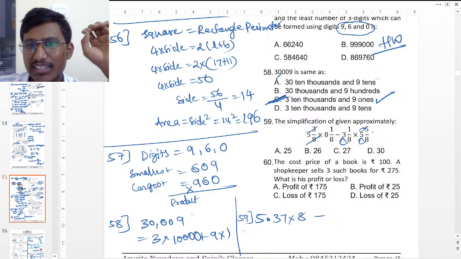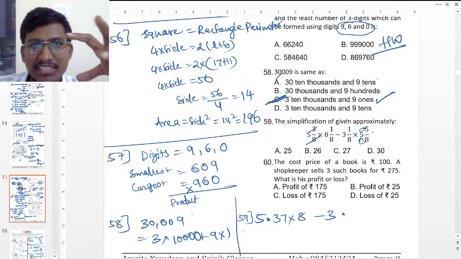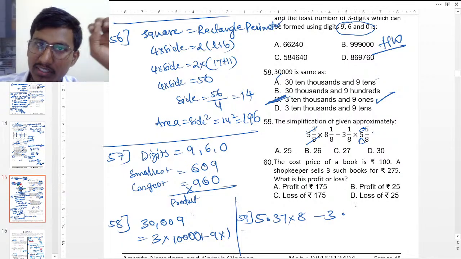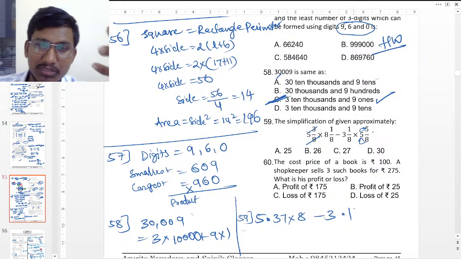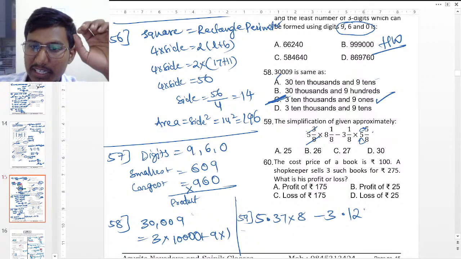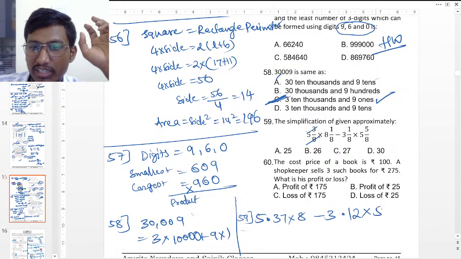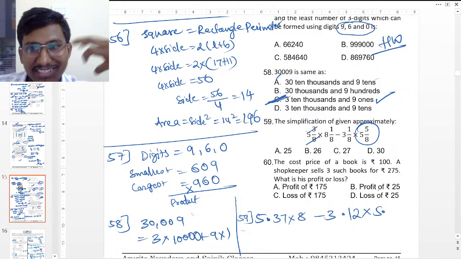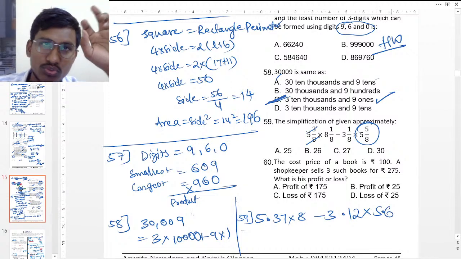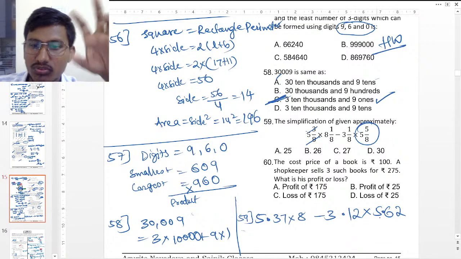Here 3 point 1, and then 2 will be remaining, it is 20, 8 2s are 16. Into 5 by 8. So 5 by 8 means how much? 5 point, 8 6s are 48, so 2 will be remaining, that is 20, 8 2s are 16, so 5.64.